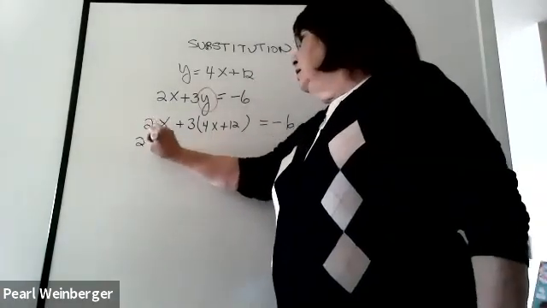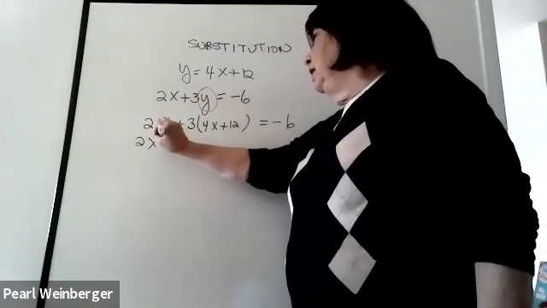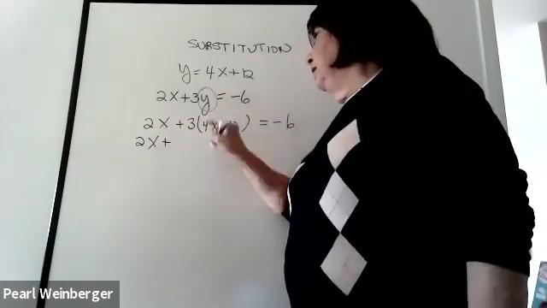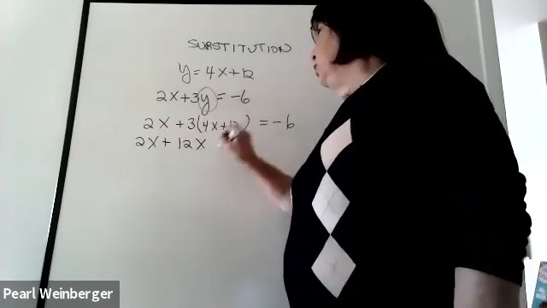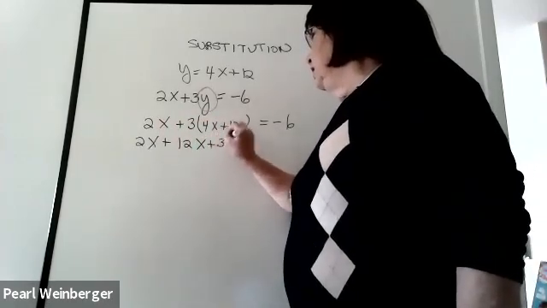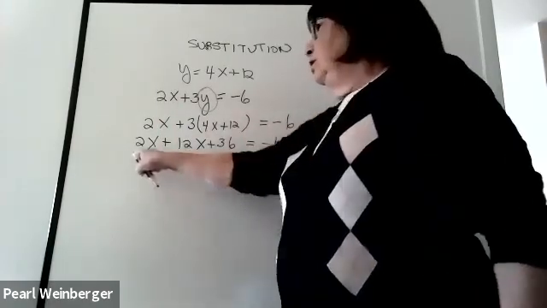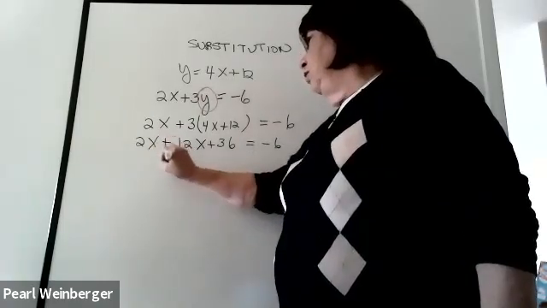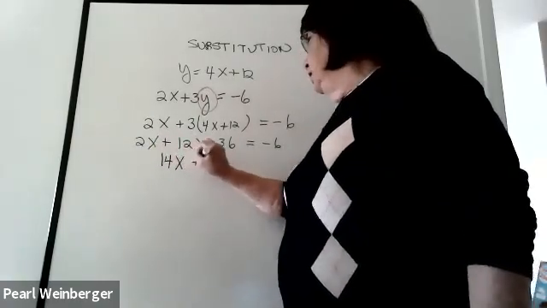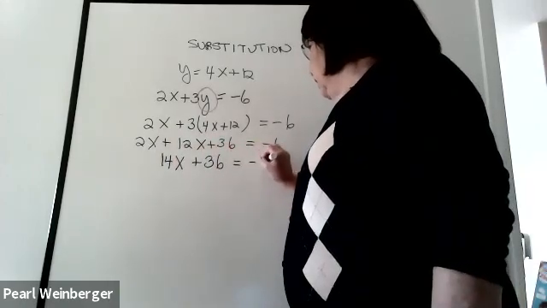It's 2x, and here I'm going to multiply everything by 3 using the distributive property. So this is going to be 3 times 4x, which is 12x, and 3 times 12, which is 36. And that's going to equal -6. 2x plus 12x, those are like terms. That gives me 14x plus 36 equals -6.